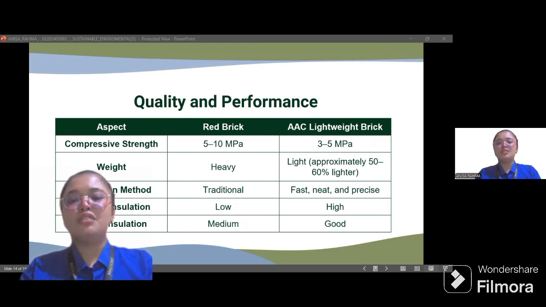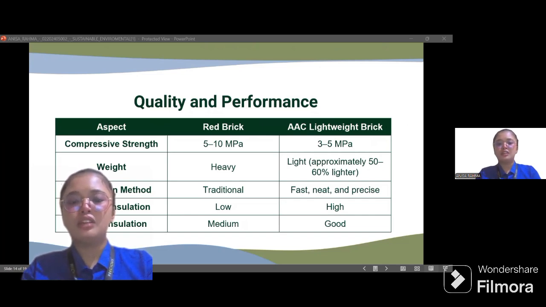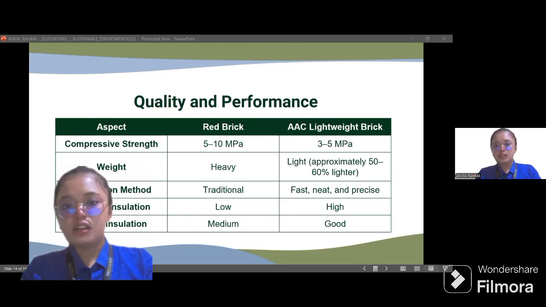Due to their larger size and lighter weight, the installation process is quicker with less mortar, resulting in a neater finish. AAC blocks are often used with cement-based adhesives, which are more efficient in installation compared to mortar used with red bricks.